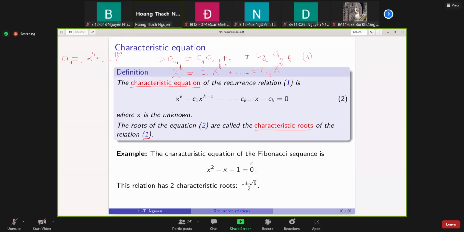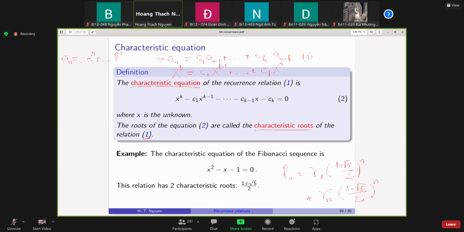So here, for example, for the Fibonacci sequence, we will look for a solution of the form F_n equal to gamma 1 ((1 + square root of 5)/2)^n plus gamma 2 ((1 - square root of 5)/2)^n.